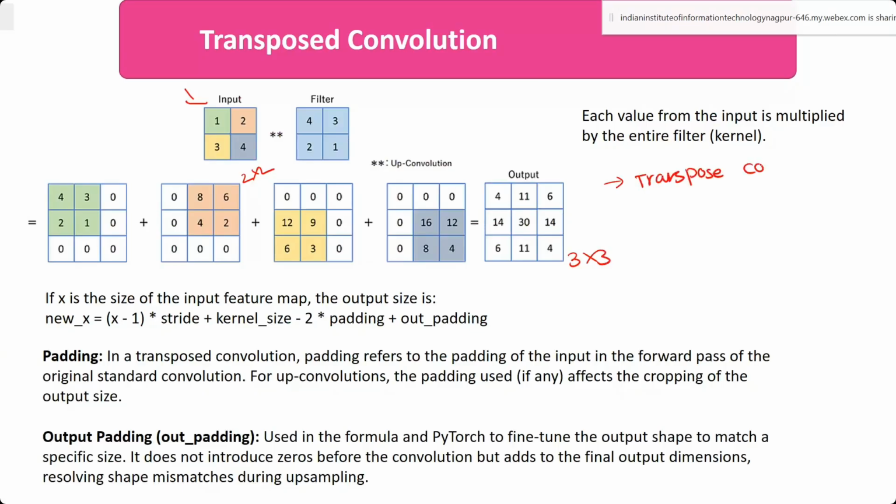Here I will take this one value and place it on this filter. So what output will I get? I will get this output. Then I will take this 2 value and again place it over this kernel.